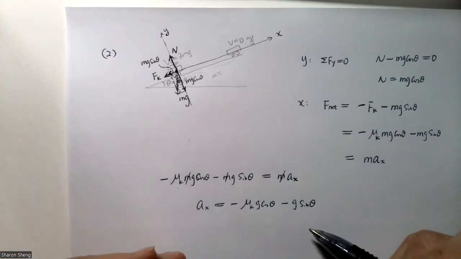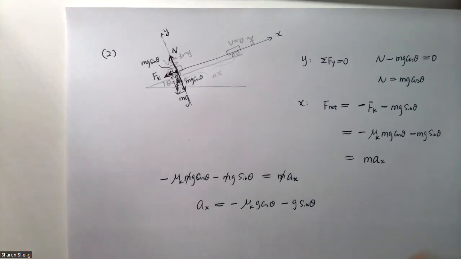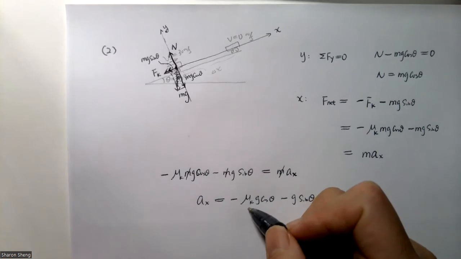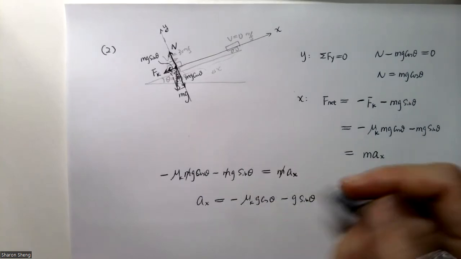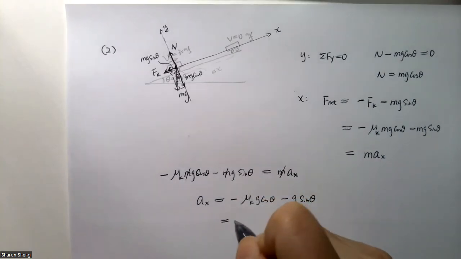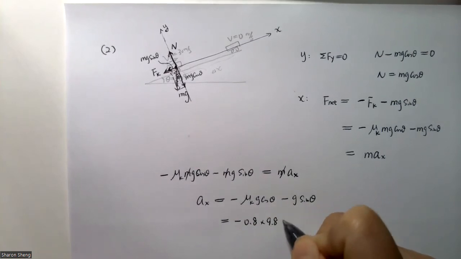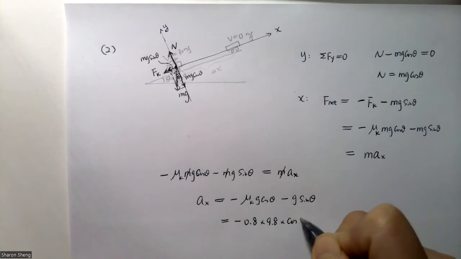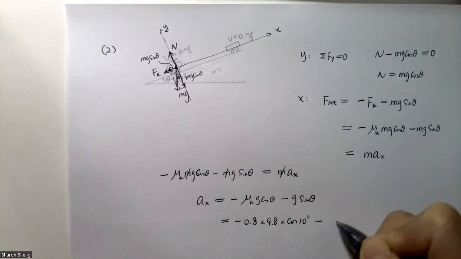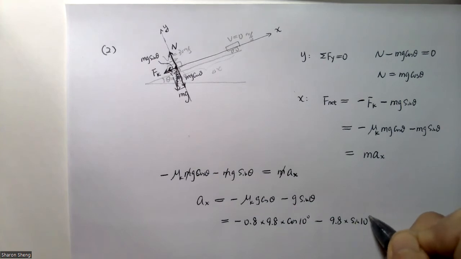After I got the expression like this, I start to plug numbers in. So what is mu sub k? Mu sub k equals 0.8. So ax equals negative 0.8 times g, 9.8, times cosine 10 degrees, minus 9.8 times sine 10 degrees.